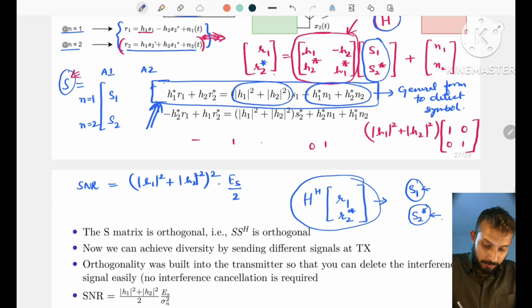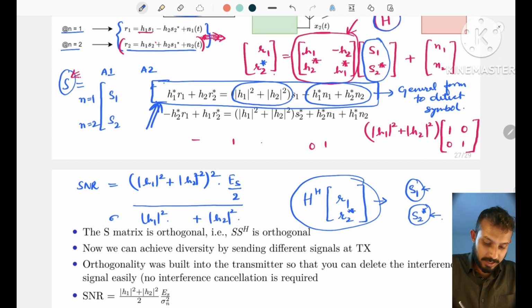So this is from the signal side, and from the noise side, we have mod H1 square times N1 plus mod H2 square times N2. This N1 and N2 are basically sigma N square, so you can take this out, sigma N square.